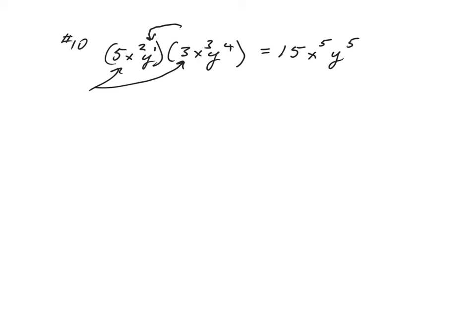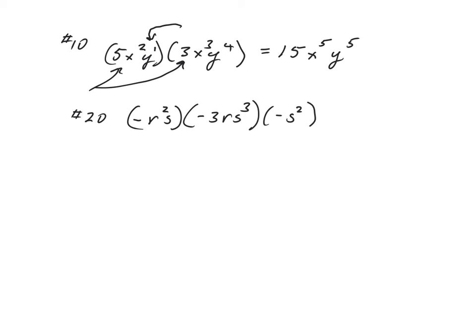So let's get a little bit deeper into this. Let's go to number 20. Number 20 gives us negative r squared s times negative 3r s to the third times negative s squared.